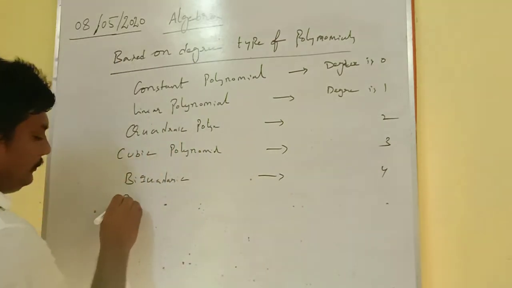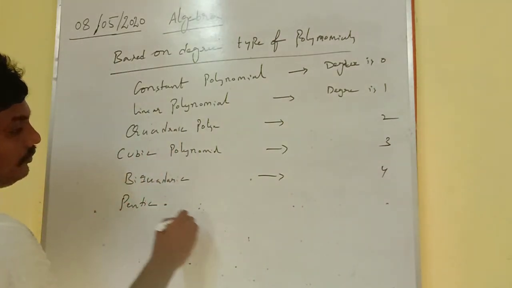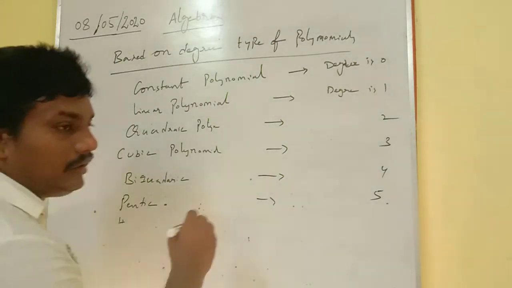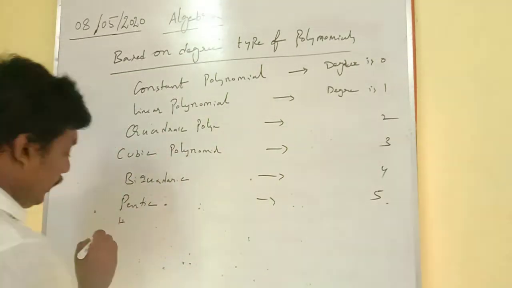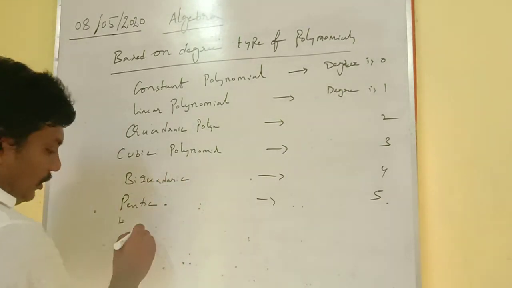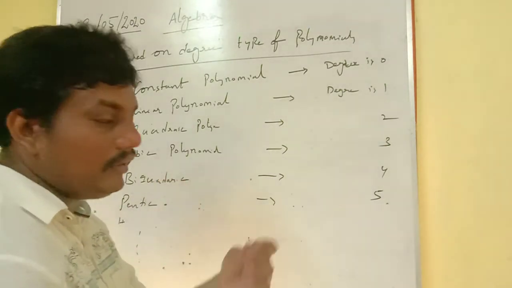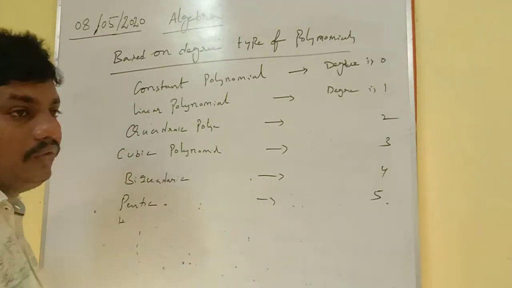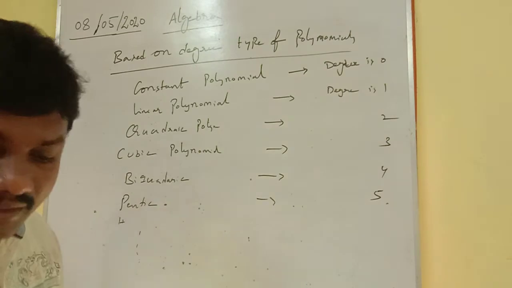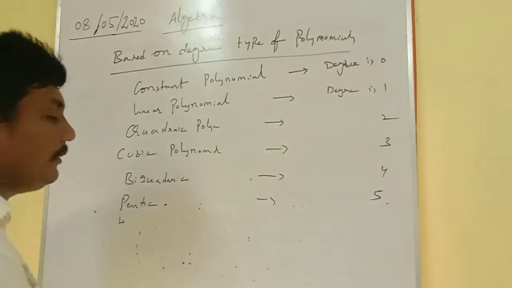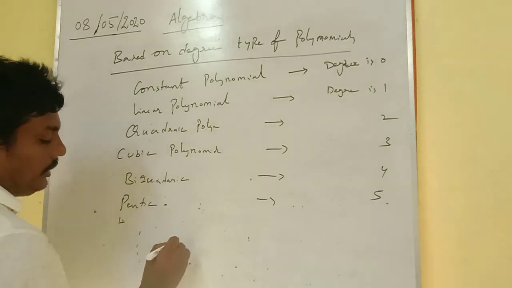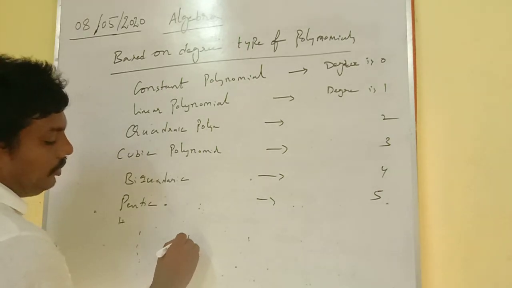Next, pentic, so degree 5. Next, hexic, hepta, and decic polynomial and so on. After that we can take 5th degree polynomial, 6th degree polynomial, 7th degree polynomial. So simply we can take an nth degree polynomial.